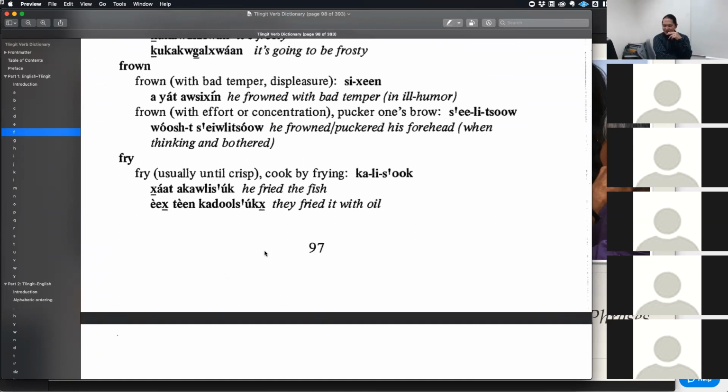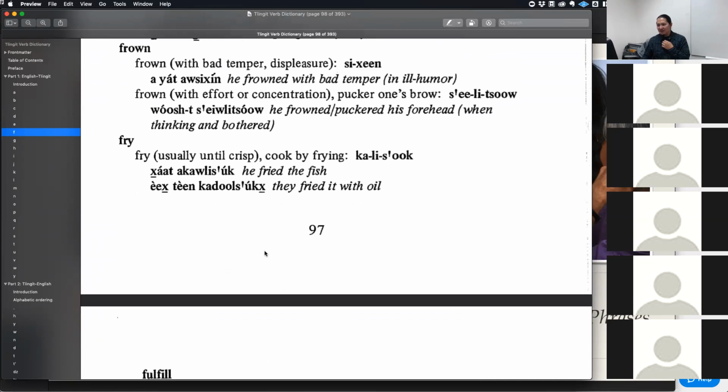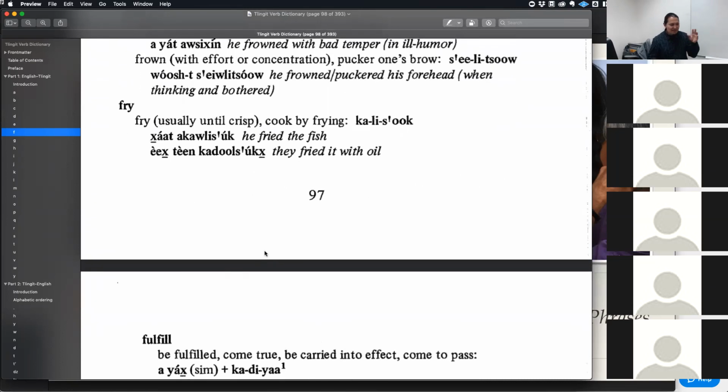So here's frying until it's crisp. And then there's, I can't remember the one, I think this is the one, kasukwa saknin, is what we usually say for toast, right? And so you'll grab one of these and then you could make it into kind of an adjective and then put it on there.